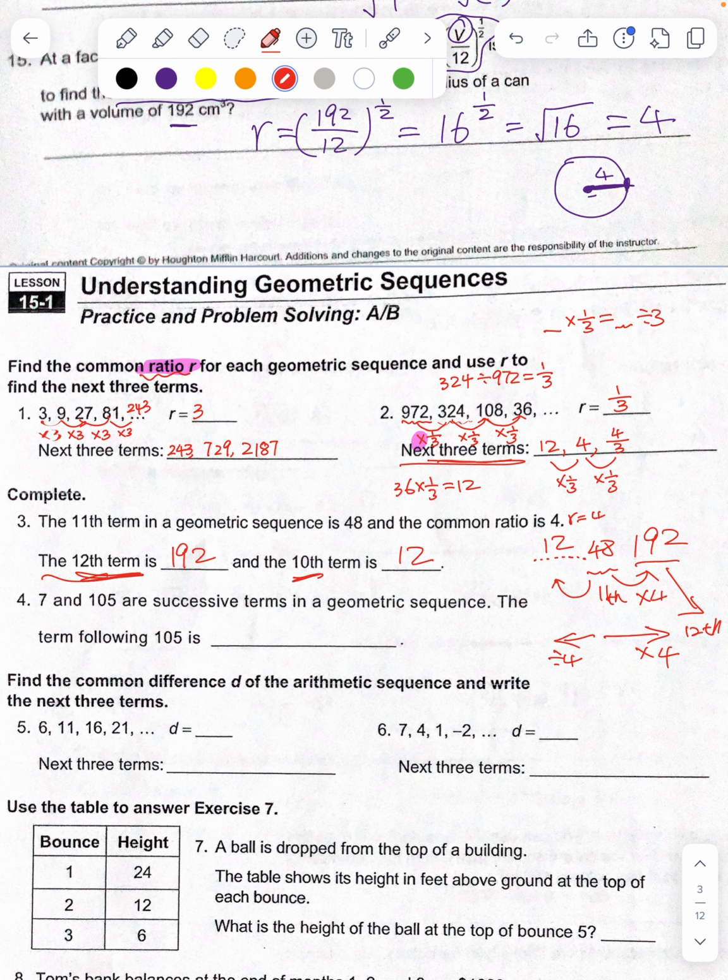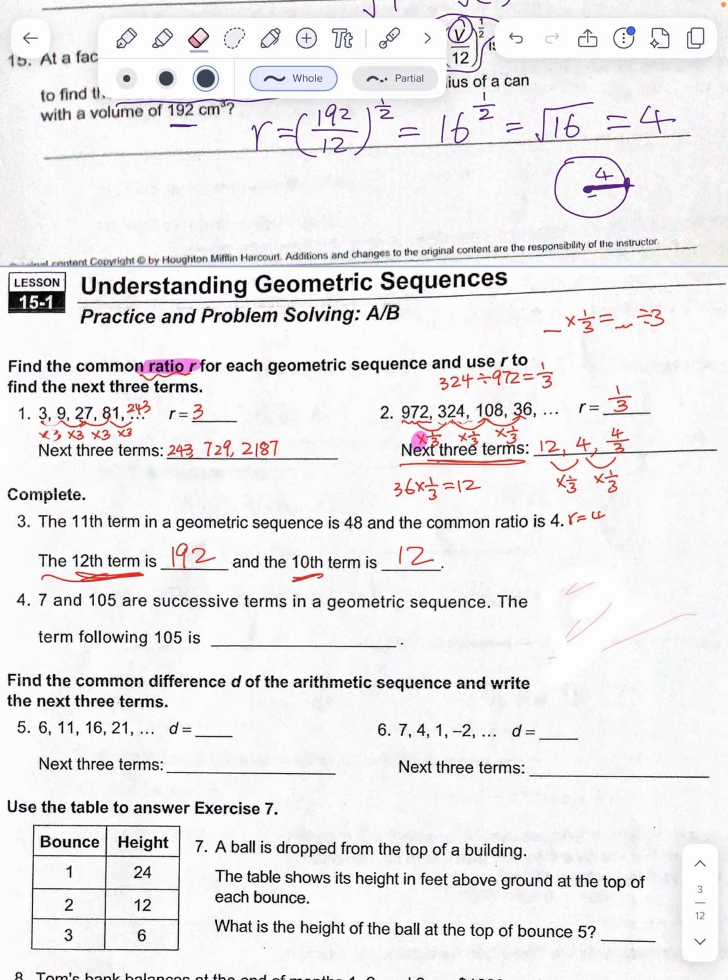Okay, number 4. Let me erase all this. 7 and 105 are successive, which means they're next to each other, they're neighbors, in a geometric sequence. The term following 105 is what?